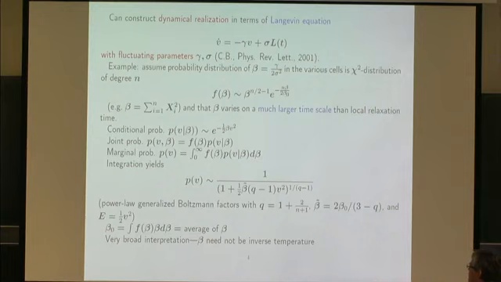You may regard, if you like, that as a kind of generalized Boltzmann factor, which is generalized in the sense that due to fluctuations we now have a power law rather than exponential decay. And the power law exponent, denoted by q here, is simply 1 plus 2 over n plus 1, where n is the number of degrees of freedom that enter into this chi-square distribution.